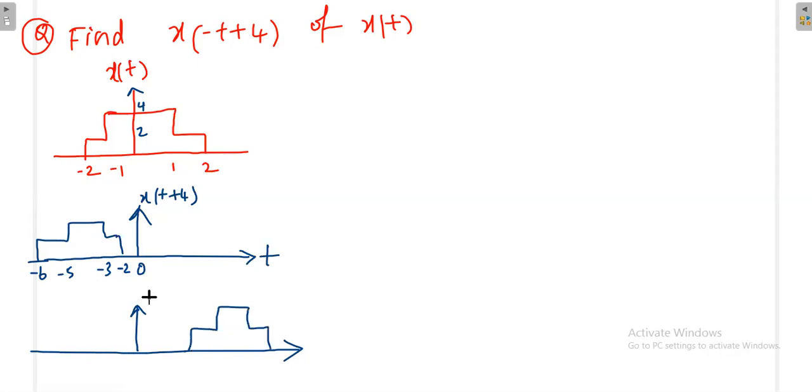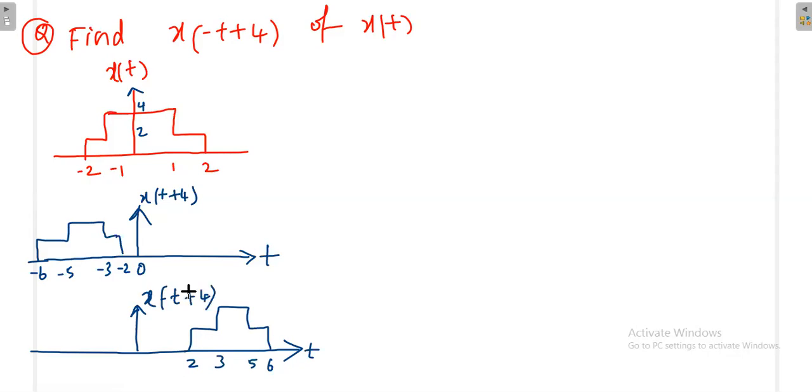Now what is the value here? It is 2, 3, 4. 4 will be in the middle, and this is 5 and 6. This is x of minus t plus 4.